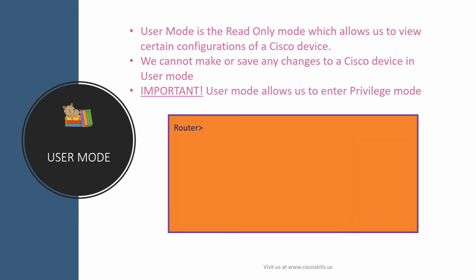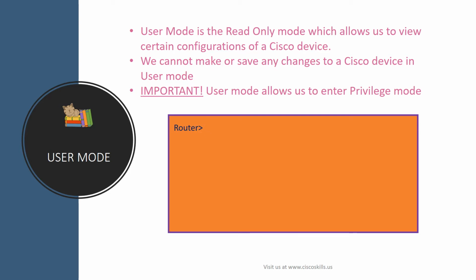Here we are at the console of a device named router. This is a device name. It doesn't tell us the type of device. It can be a switch, it can be a router. And this symbol shows us that we are in the user mode.